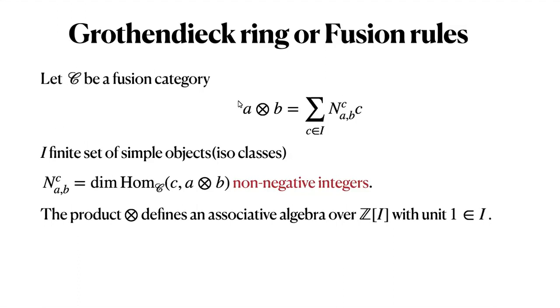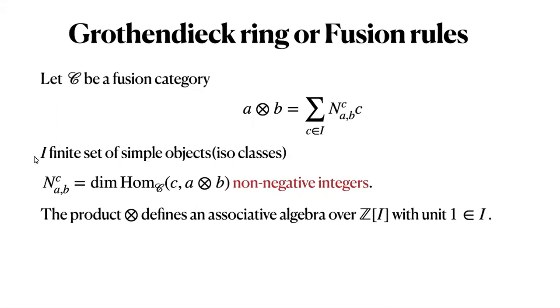And also, if you have two simple objects and you do the tensor product, it again decomposes as a sum over some simple objects with some multiplicities. These multiplicities, in terms of the fusion category, are just the dimension of the Hom space from C to A tensor B. So they are just the multiplicity of, let's say, C inside of this tensor product. So the fusion rules are exactly that, no?